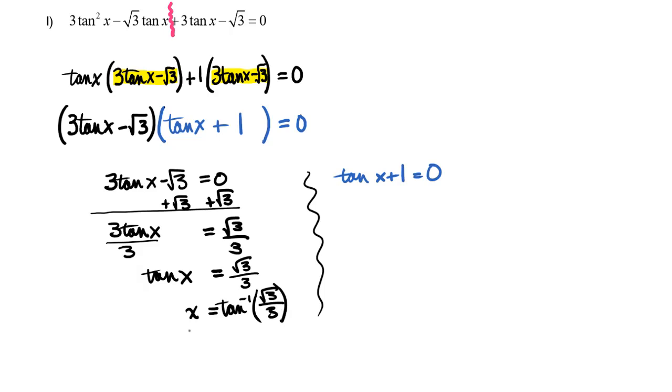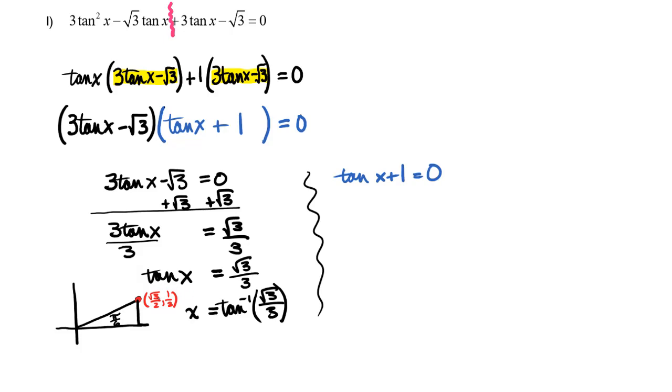Recall that at an angle of pi over 6, we have a terminal point that is root 3 over 2 comma 1/2, and tangent, recall, is equivalent to y over x as a ratio.